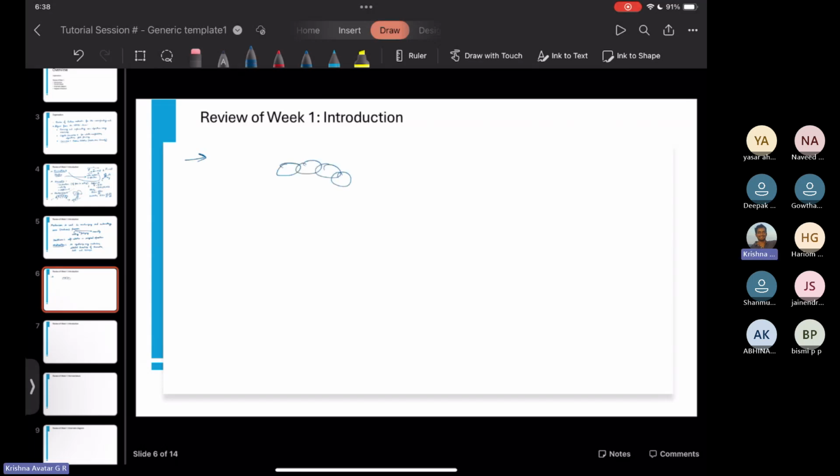Again, I'm using a very crude schematic here. You have some mechanism, and you have what we call an end effector. This is just a set of rigid bodies connected together, and there is something at the end which is meant for some purpose. That's what we have designed this mechanism for.